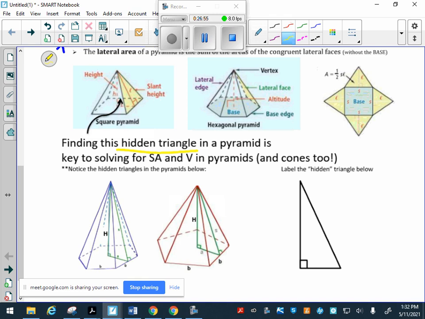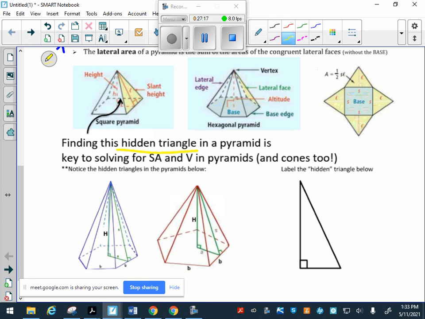If you imagine the altitude down from the vertex straight down, like I was holding my pen before, and then the slant height on the side there, and then if I connected those two along the base, you would have this triangle, right?